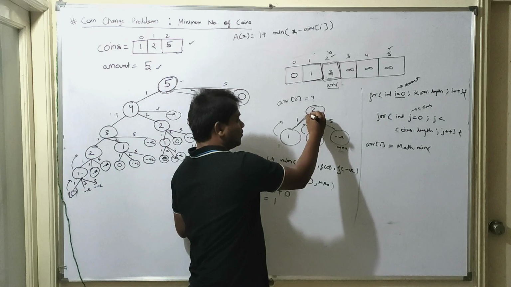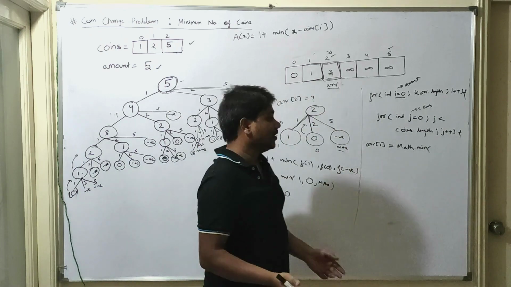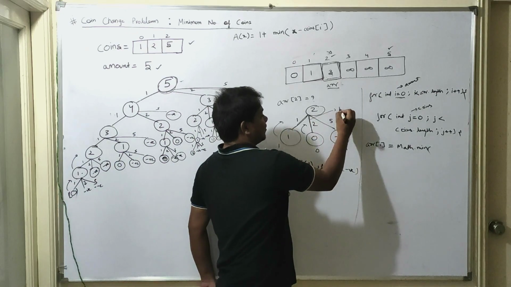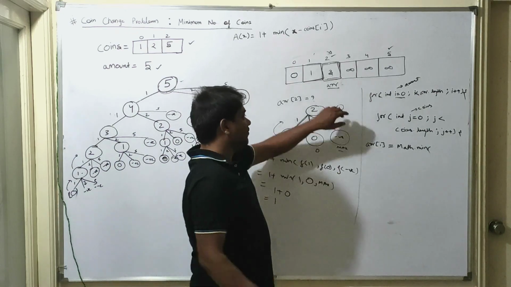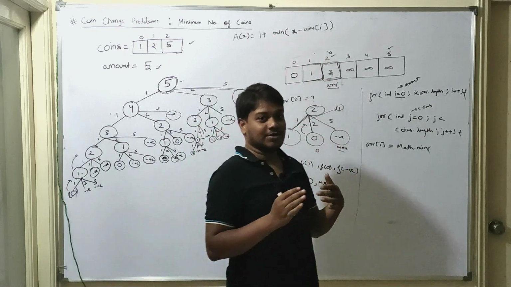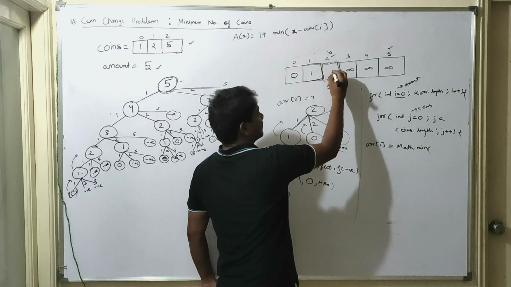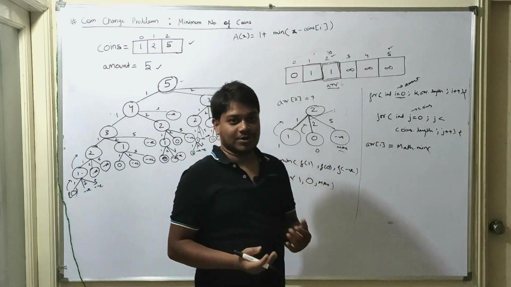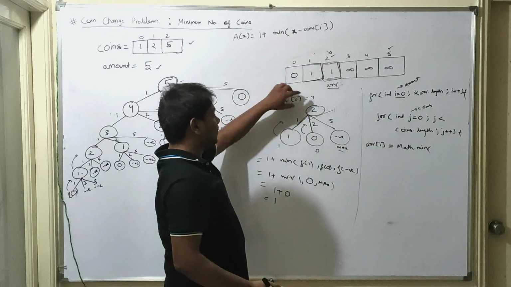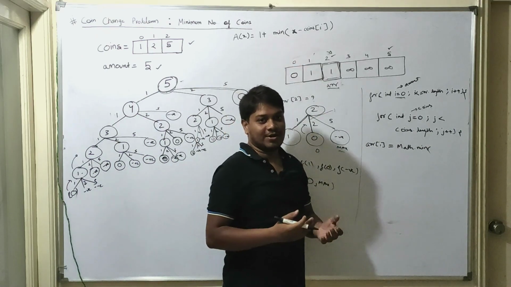Now by going to this path, suppose we would have gotten an answer 1 from here, then we would have compared this 1 with 3. Since 1 is less than 3, we would have put 1 over here. So with each path we will be comparing with the value that we are already having in the array.